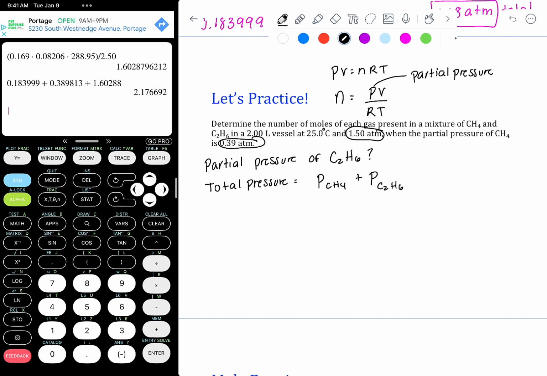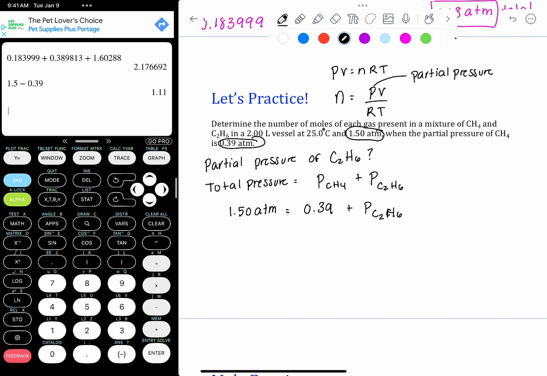Since we know the total pressure is 1.50, and we know the pressure of CH4 is 0.39, we can solve for the pressure of C2H6. We just take 1.5 and subtract off 0.39 to get the pressure of C2H6 to be 1.11 atm.